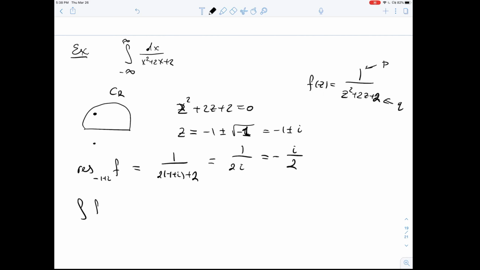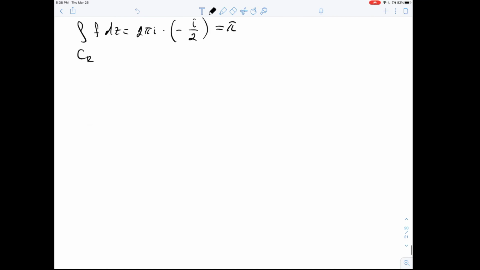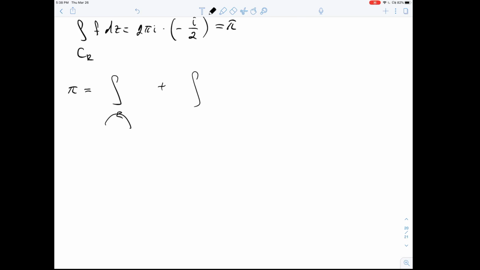And so the integral of f over the contour is 2 pi i times minus i over 2, which is pi. So the answer will be pi. We already know that, because we now need to do the theoretical part, which is always the same: pi is equal to this plus this, and the second one is the one we need.